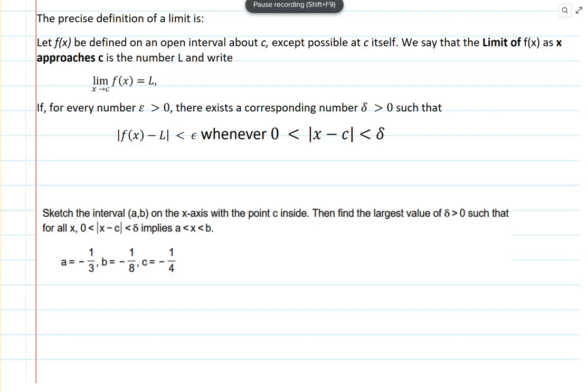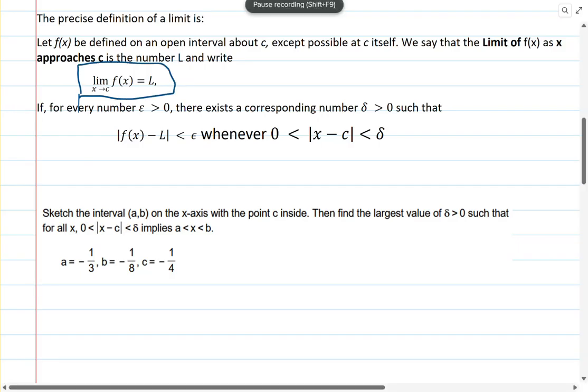Now, is it concrete? No, but it's close enough, right? Remember, we said infinitesimal till we get to that open dot. And we write it as the limit as x approaches C of f of x is L. This is what you carry on your notes. That's the one.